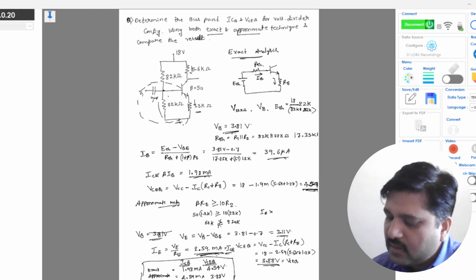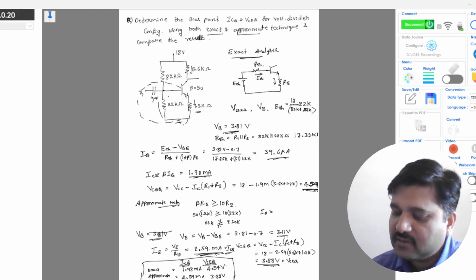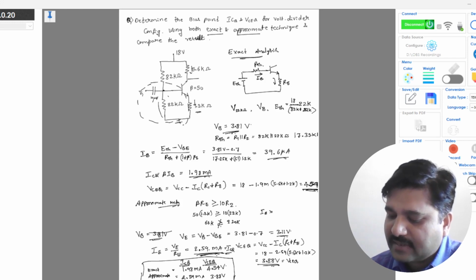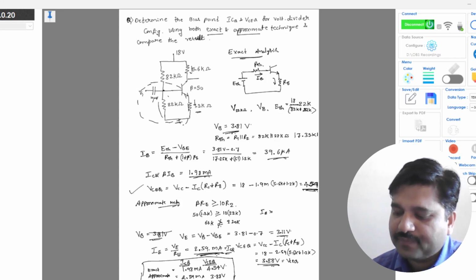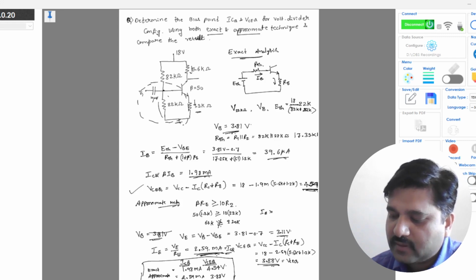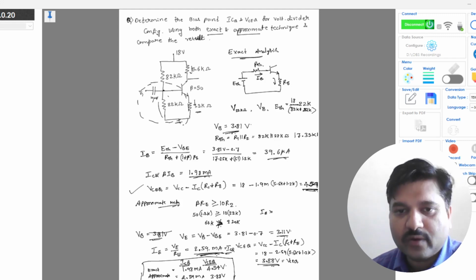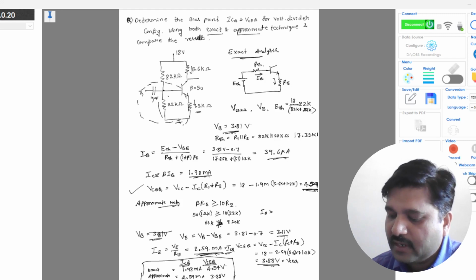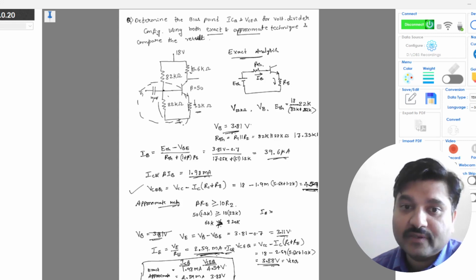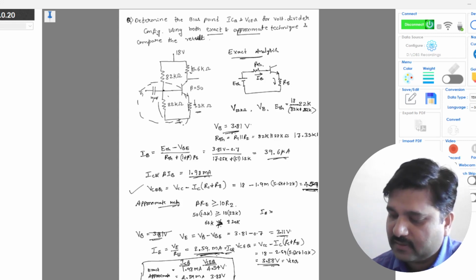This is the difference you find between exact and approximate analysis, and among these, which one is valid? It is obviously the exact method, not the approximate method, because in the approximate method the condition is not satisfied. Since the condition is not satisfied, both will not be approximately equal. So the current in the approximate method is 30% more and the voltage is 10% less compared to the exact analysis, right?